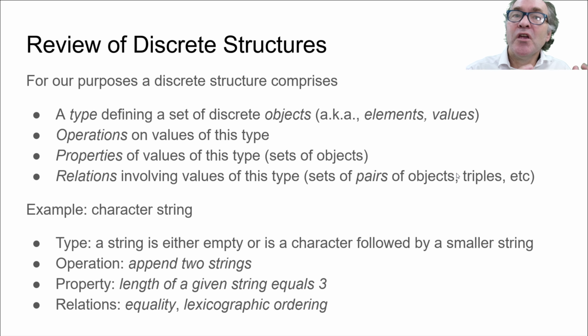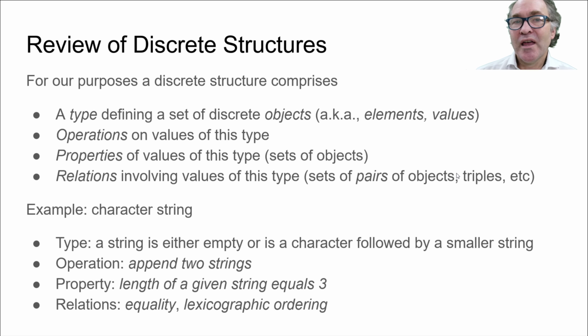Think of that set of pairs, and mathematicians think this way, as a relation. A binary relation, because each tuple has two elements. We can also talk about ternary relations, where instead of pairs we talk about triples of objects, or quaternary relations with 4-tuples, or 5-tuples, or n-tuples where n is some arbitrarily large number.